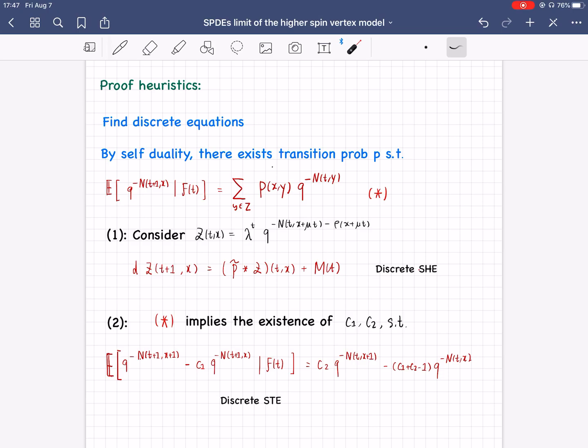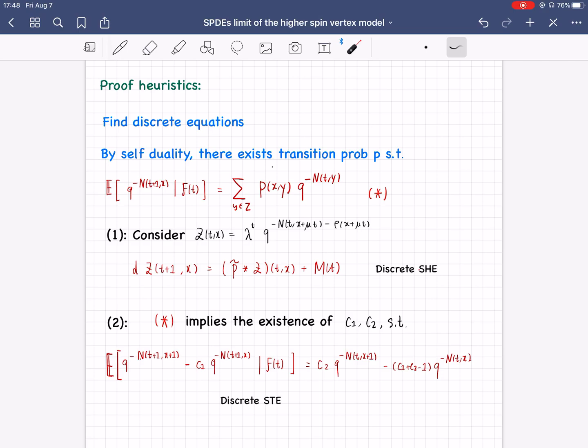Then if you look at this exponential transform of the height function with some tilting and recentering, this Z will satisfy the following stochastic heat equation, where p tilde is some centering and tilting of the transition probability p here. Now this p tilde really approximates the Laplacian. And M is some martingale.